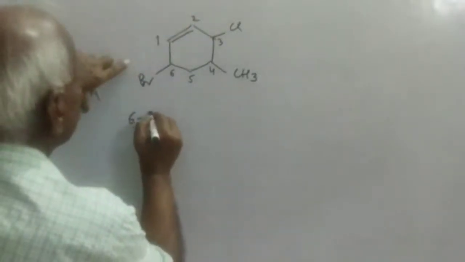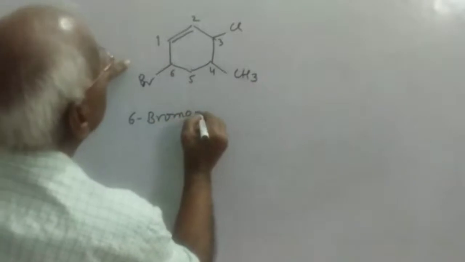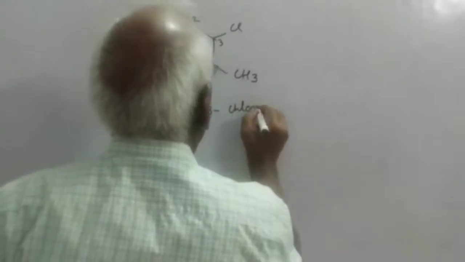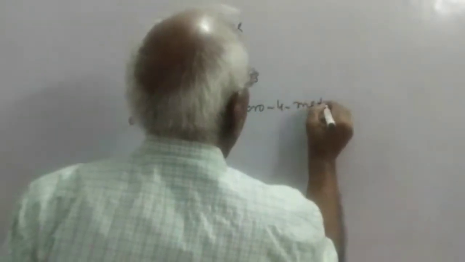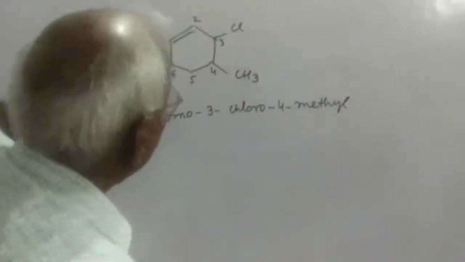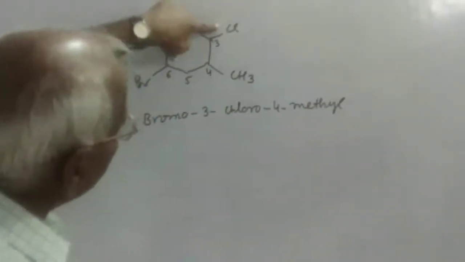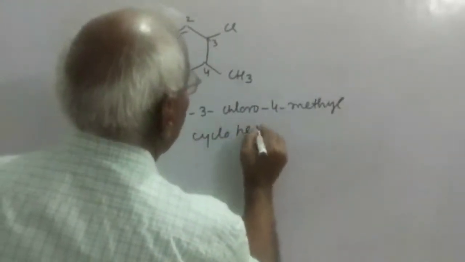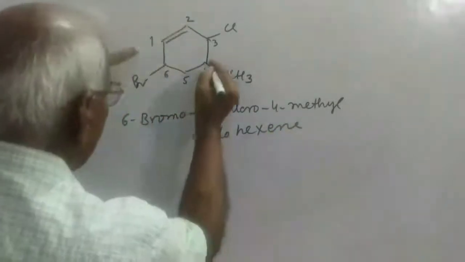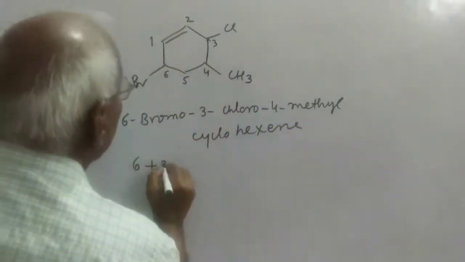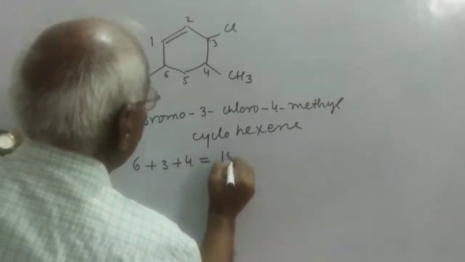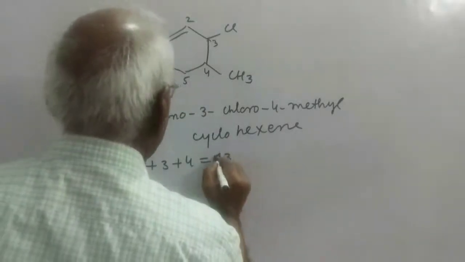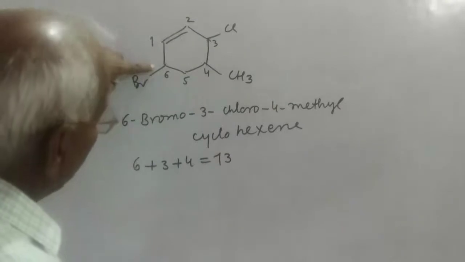So it is 6-bromo, 3-chloro, 4-methyl cyclohexene. The sum of numbers allotted for the substituents is 6 plus 3 plus 4, which is 13.